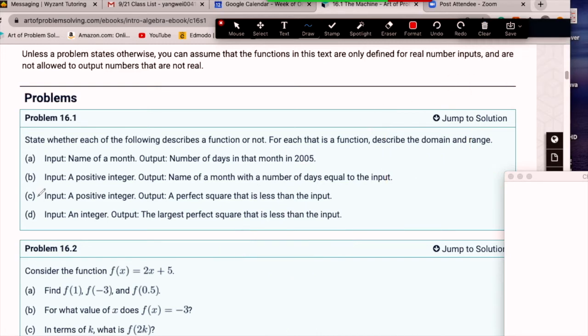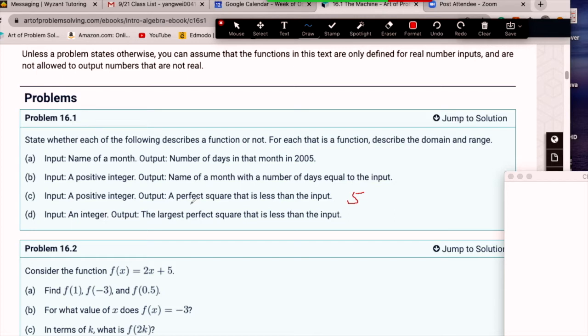So now let's say C, a positive integer, that's input, output, a perfect square that is less than the input. So now suppose I give you a positive input. Suppose this one equals 5.